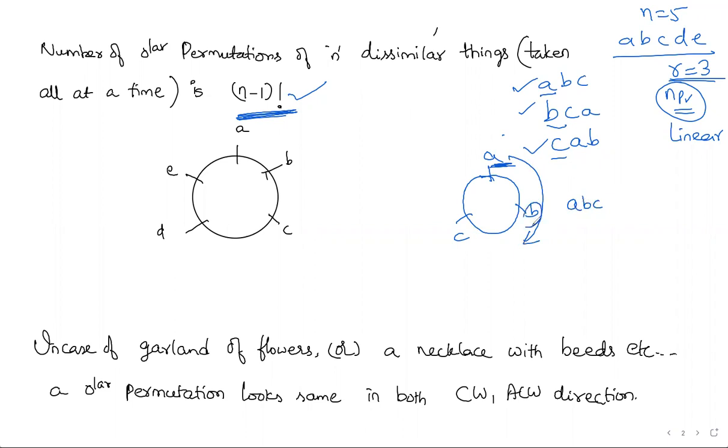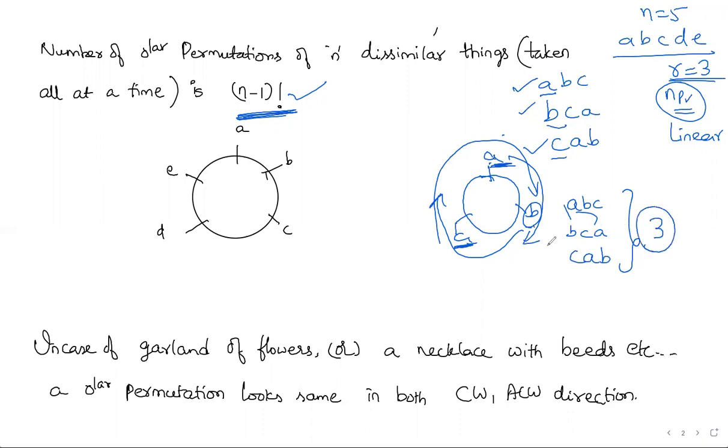If you start with B and move clockwise, it will be BCA. If you start with C and move clockwise, it will be CAB. So all these three linear permutations can be represented using only one circular permutation.